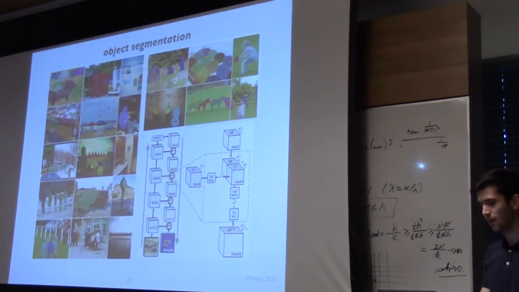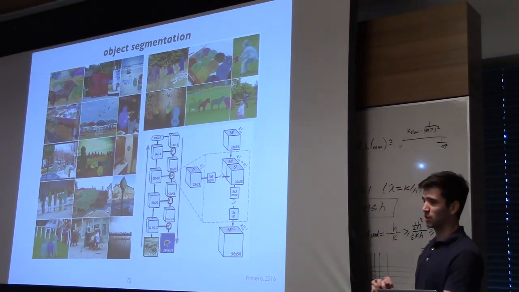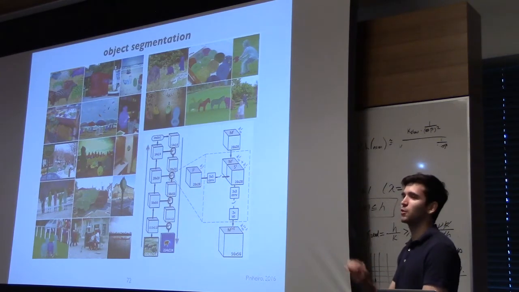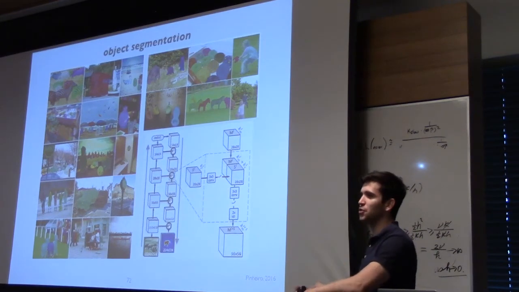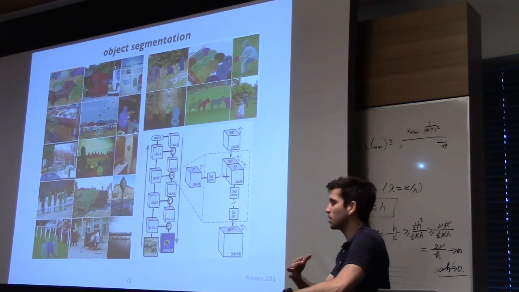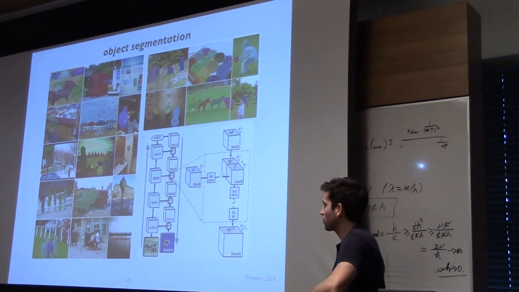Very cool. Another cool thing that people are doing is segmenting objects. Instead of just saying there's a bounding box around an object, you're saying this set of pixels belongs to this object. So how would you actually do that? If you think about what we've been doing, you're decreasing the spatial resolution, so you're losing spatial information as you go up the network.